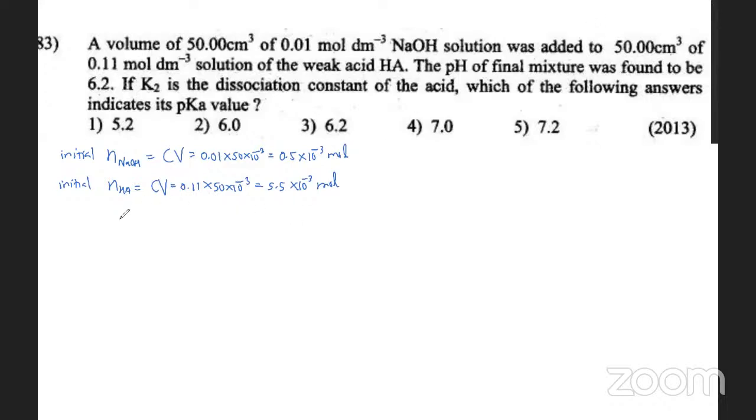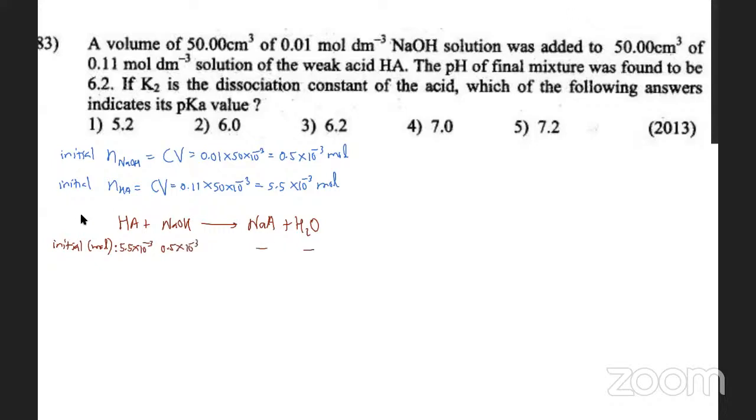So let's go to that reaction. HA will react with sodium hydroxide to produce NaA and water. Initially, in moles, HA is 5.5 times 10 to the power minus 3, NaOH is 0.5 times 10 to the power minus 3, and none of the products are there.